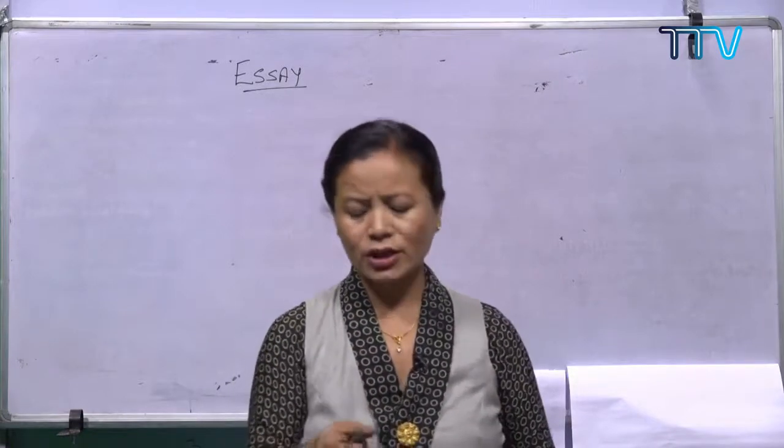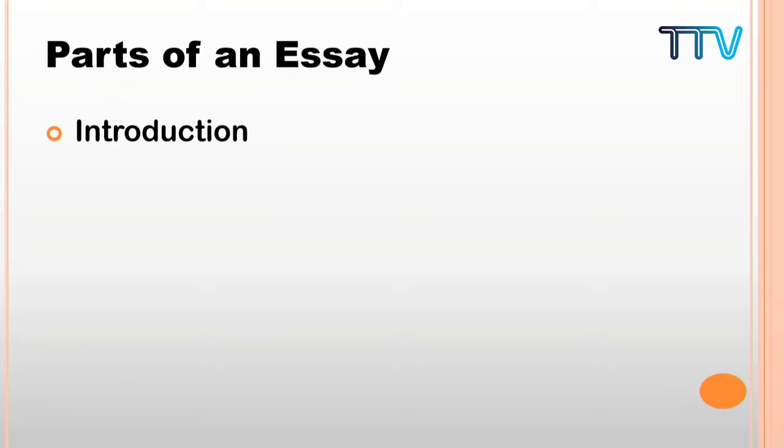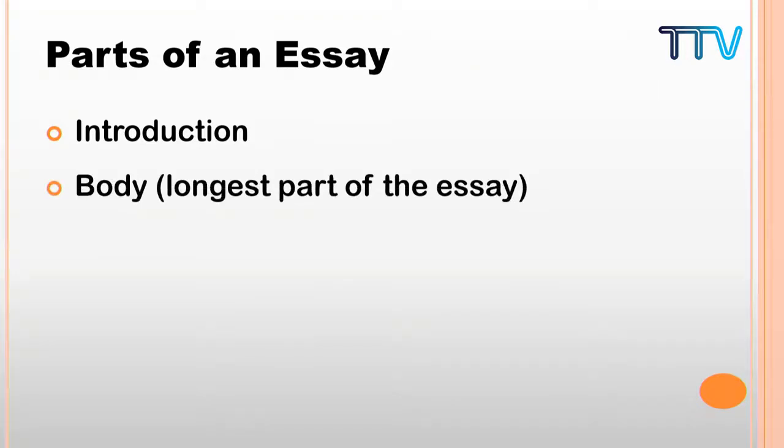The first part of an essay is the introduction. Then you have the body, which is the longest part of the essay, and you have the conclusion: introduction, body, and conclusion. So we can think of an essay as a group of 3 paragraphs, okay.